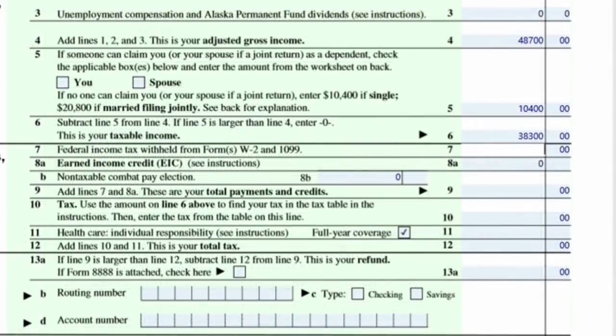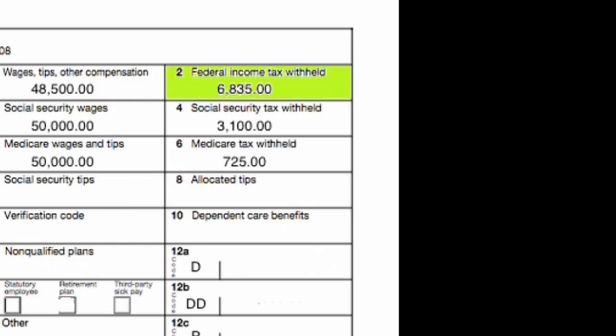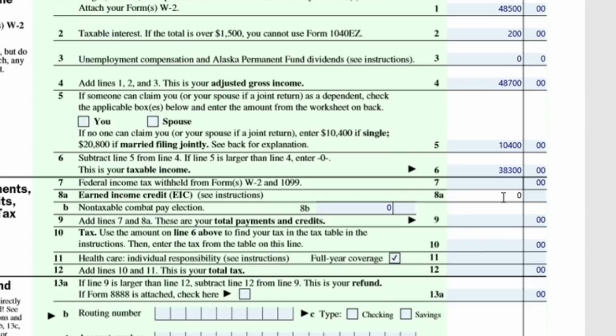So under payments, credits, and tax, we're going to determine how much tax you've paid. In Paco's case, we're going to go to his W-2 form, and it says he paid, under box 2, $6,835. So we're going to put that number in line 7, $6,835.